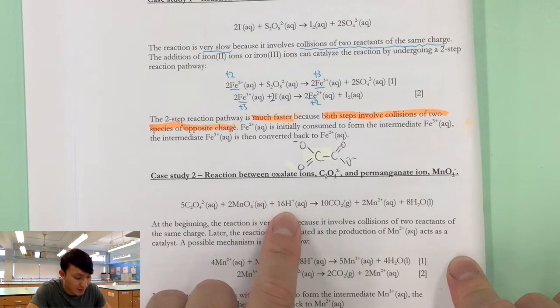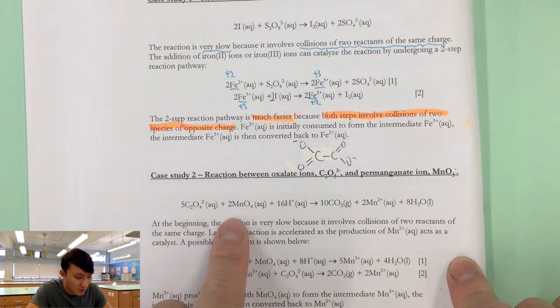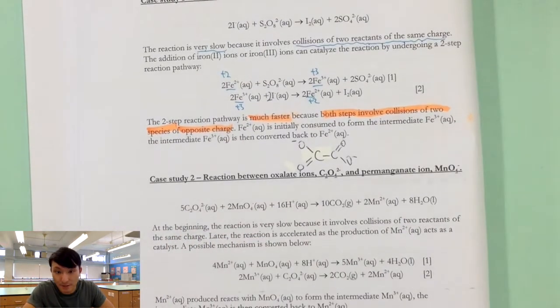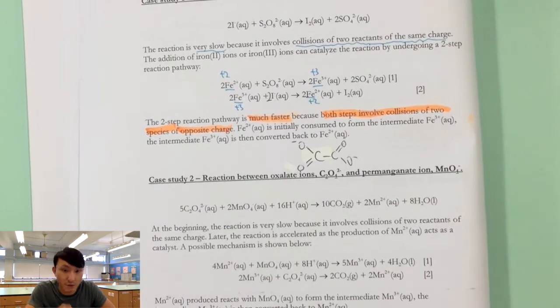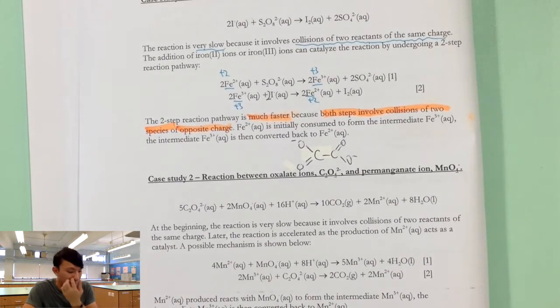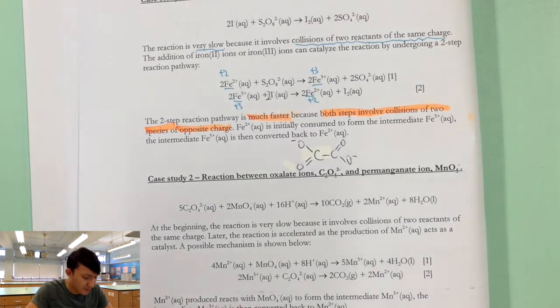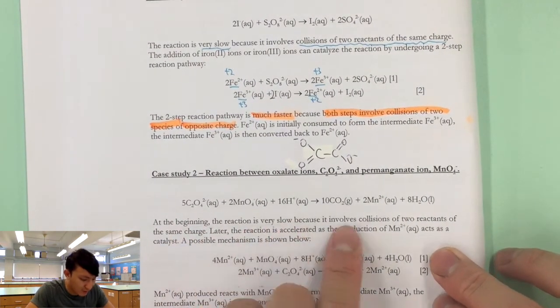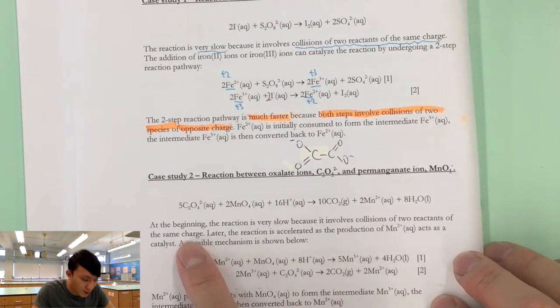So altogether, how many? Like 23 particles colliding at the same time at the right orientation with sufficient energy. What are the chances? Very, very low. So you will expect this reaction to be very, very slow. Okay? Here, we say that the reaction is very slow because it involves collision of 2 reactants of the same charge, similar as before.